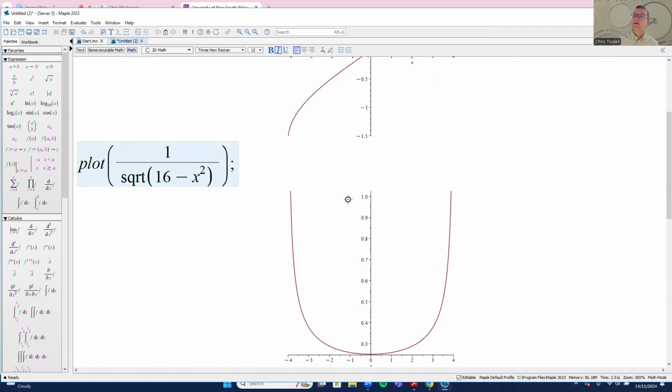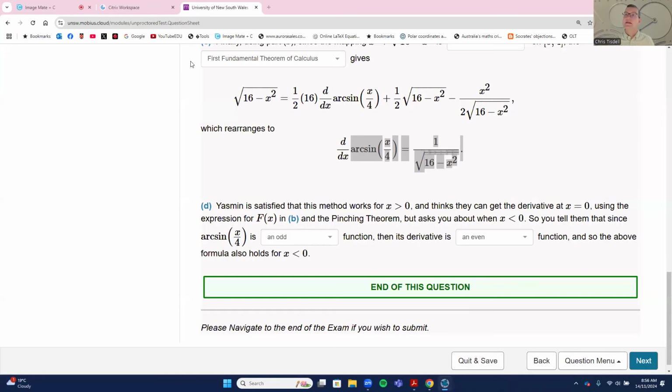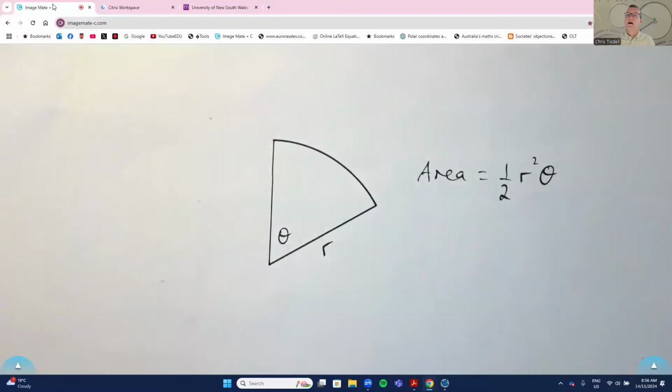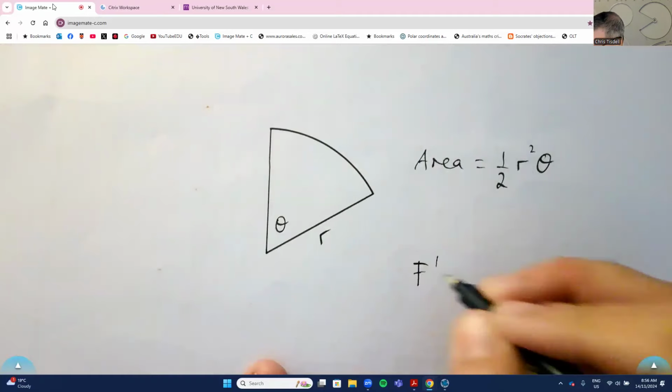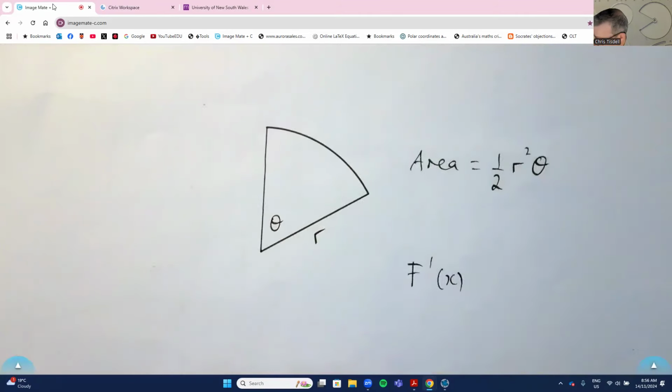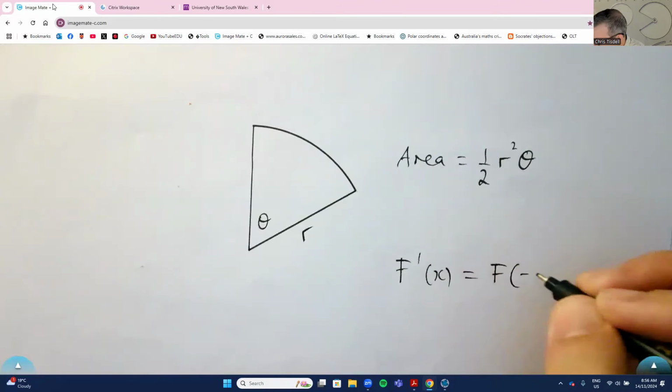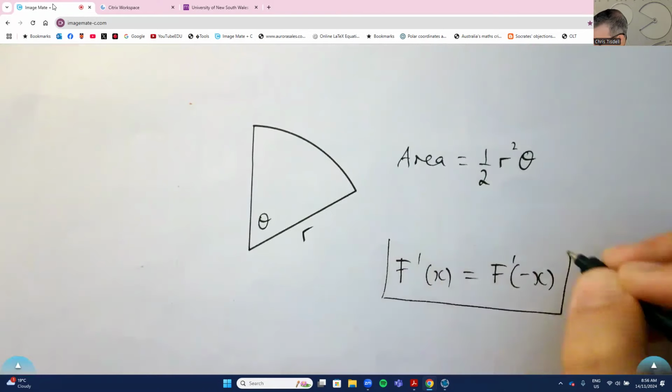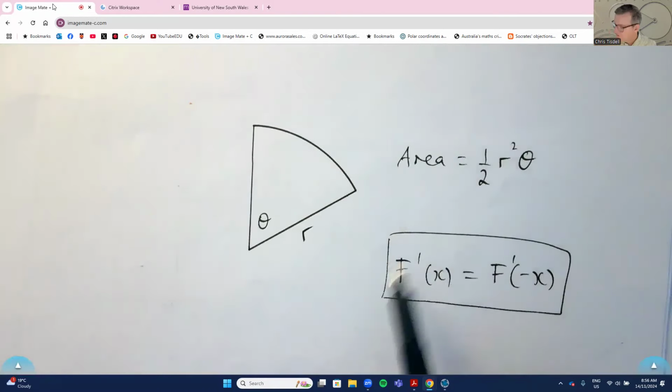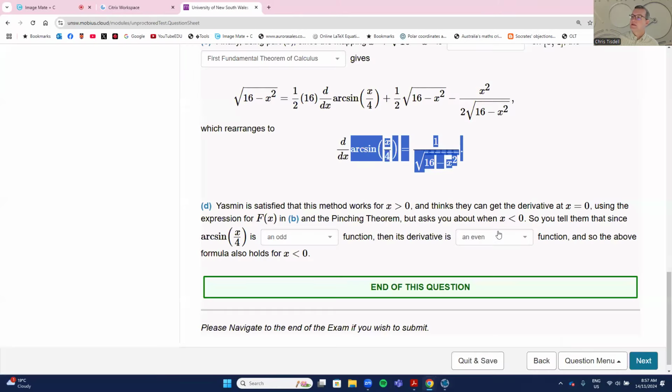It's even. So we can basically say that because the derivative's even, this is true. So whatever we have for x, we can extend it to negative x. So that's what we have.